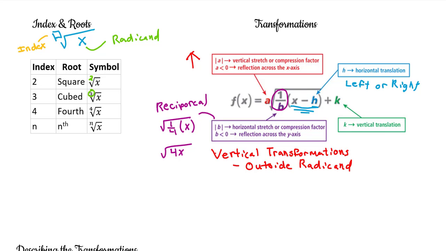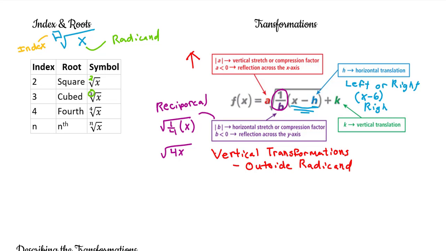So if you had something like x minus 6, what value of x will make that 0? It'll be positive 6, so this means you'll be moving right 6 units.